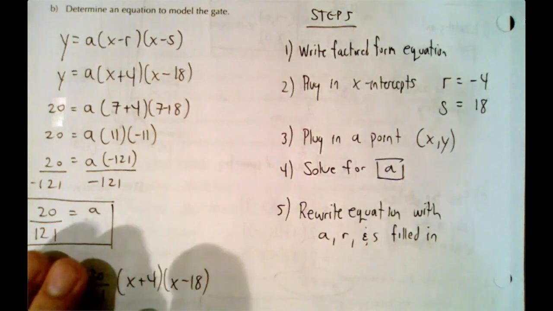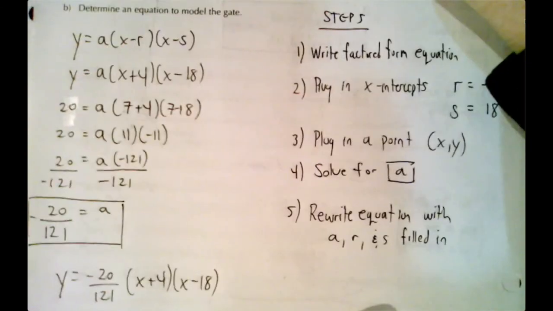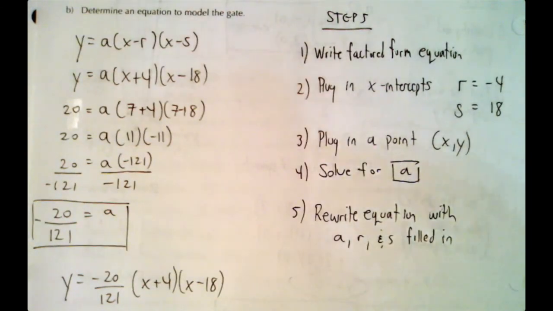If you wanted to turn that into a decimal, that would be okay. Sorry, it's negative. It's better if we keep it as a fraction because the decimal is not super exciting. We'd have to round it. We don't want to round. And there you have it. There's your steps for determining the equation from a picture of a parabola.